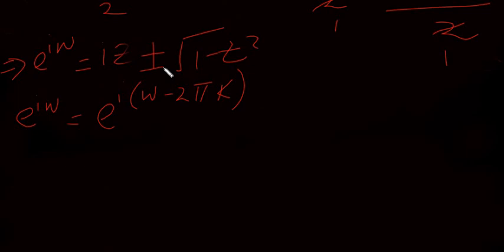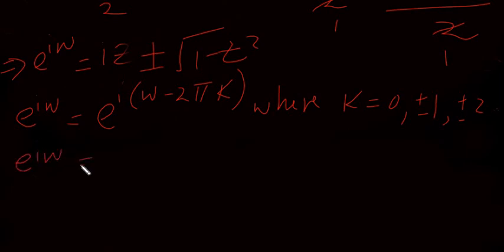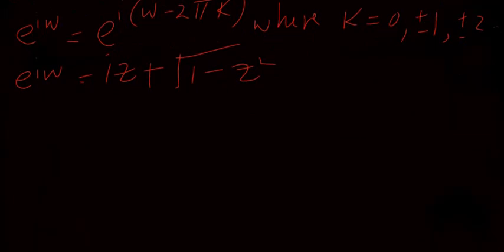So I'll write exponential i times w minus 2 pi k, where k can be 0, plus or minus 1, plus or minus 2, and it continues. Meaning that my exponential iw will be iz plus the root of 1 minus z squared. I just want to remain with w.